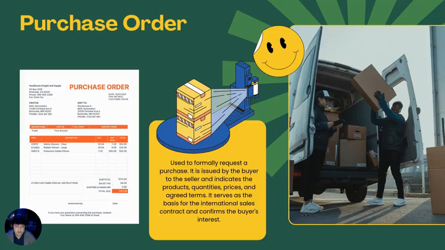It also serves as a legal and administrative record, confirming the buyer's commitment and allowing the seller to prepare production or shipment. Additionally, it helps both parties control and verify that what was ordered matches what is delivered. In summary, the purchase order is the first formal step that starts the export or import process.